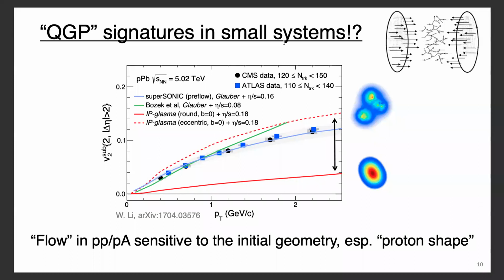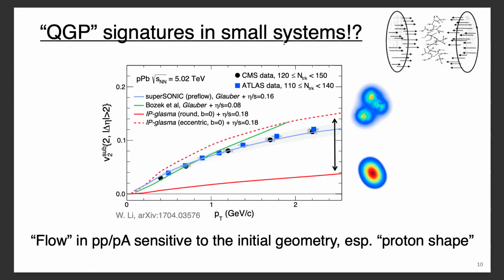That's as shown here in this model, the IP-Glasma calculation. If you assume a spherical proton shape, you don't get enough V2 to describe data, whereas if you assume this kind of proton shape with 3 hotspots, you can get close. But of course, there are also models with other degrees of freedom you can play with.